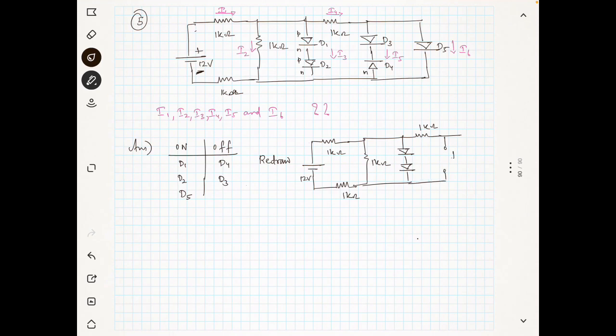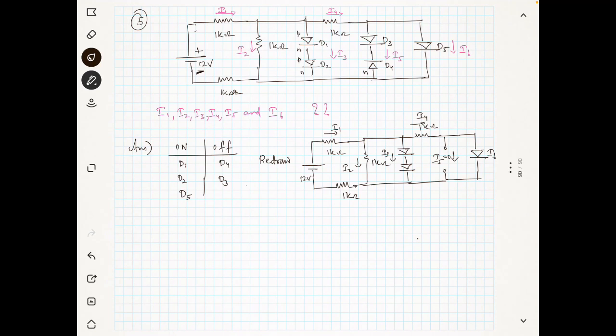So the current through that, I5, is equal to 0. Now we have the diode D5. We have the current I5 and here it is I4 and this is I3, and this is I2 and this is I1.